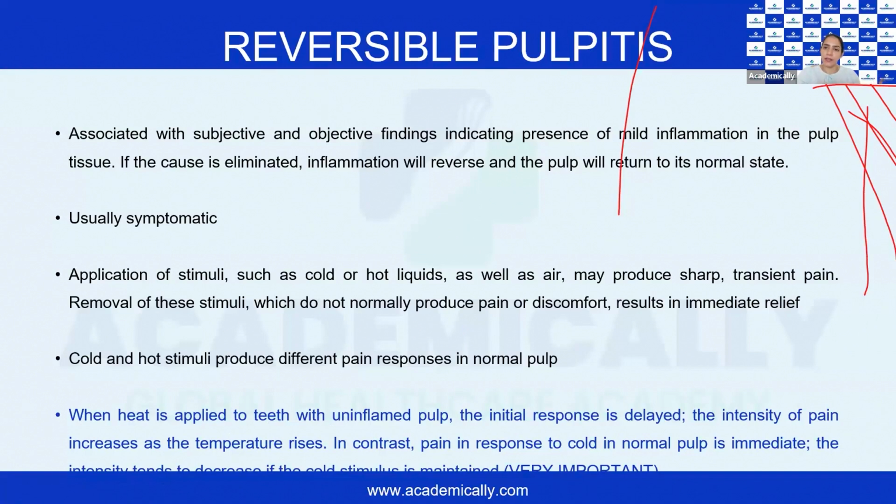The intensity of the pain increases as the temperature increases. In contrast, pain in response to cold in normal pulp is immediate. Normal pulp is hyper responsive to the cold test. The intensity tends to decrease if the cold stimulus is maintained.